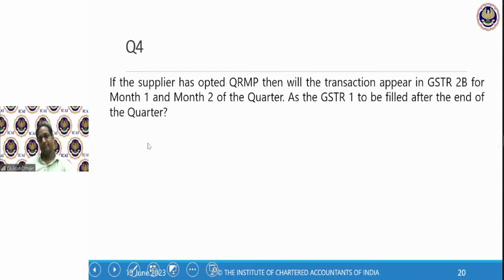Please tell me: if the supplier has opted for QRMP, then will the transaction appear in the GSTR-2B for month 1 and month 2 of the quarter, as the GSTR-1 is to be filed only after the end of the quarter? I have already explained.